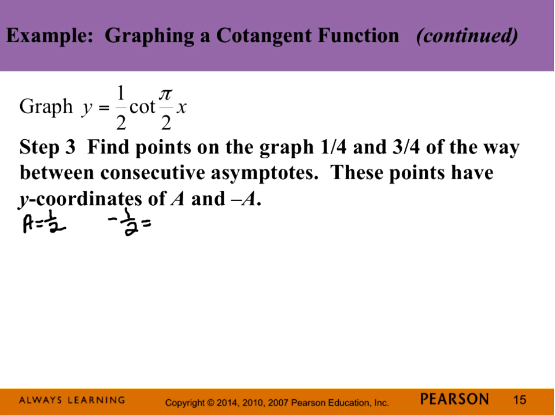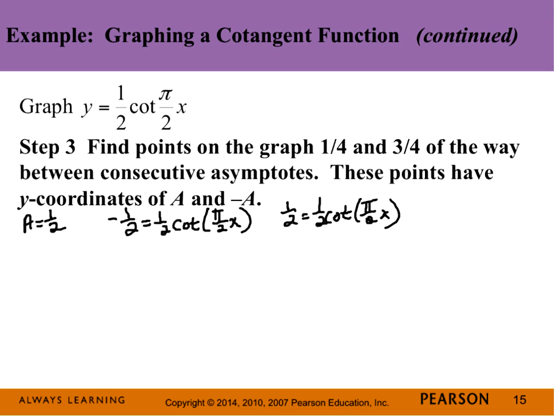Negative 1/2 is equal to 1/2 the cotangent of pi over 2 x, and 1/2 equals 1/2 the cotangent of pi over 2 x. Okay, so we're just going to solve these two real quick. Dividing by 1/2 on both sides is the same thing as multiplying by 2 on both sides.